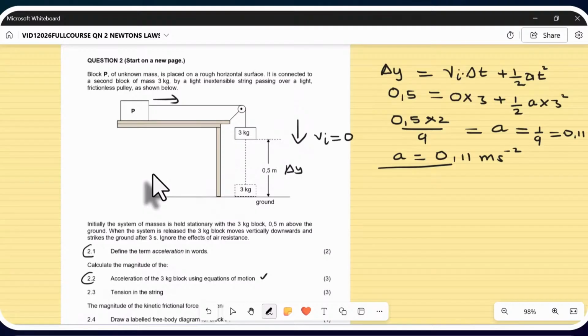So minus T is equal, the mass we know is 3, times the acceleration, 1 over 9 or 0.11. I'm going to say 1 over 9 to make things more accurate.